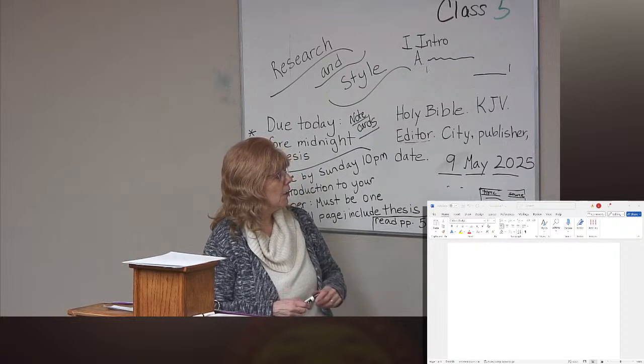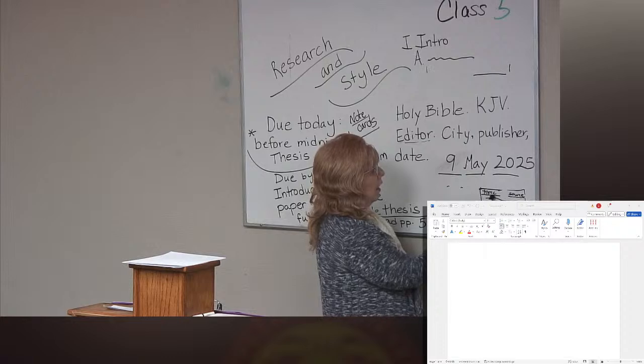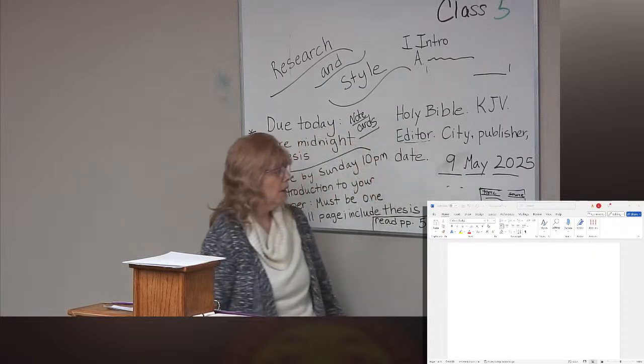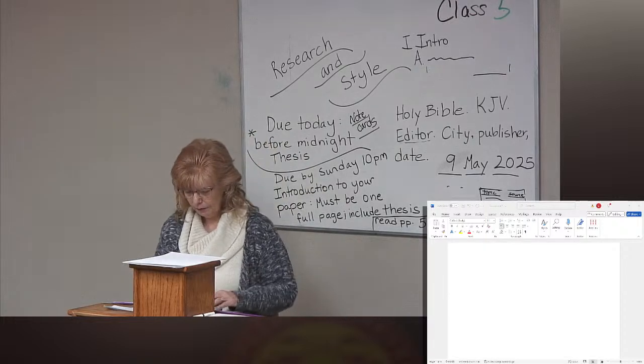If you can't get it to do that and you want to just on one side put the topic and source and page number, and then on the second side put your note, that's fine as well. But try to keep it as close to this as you possibly can.